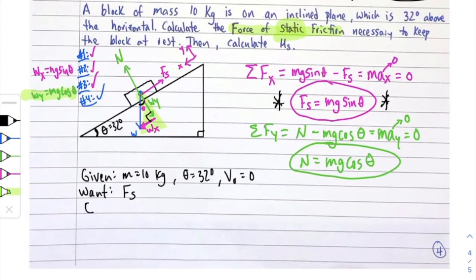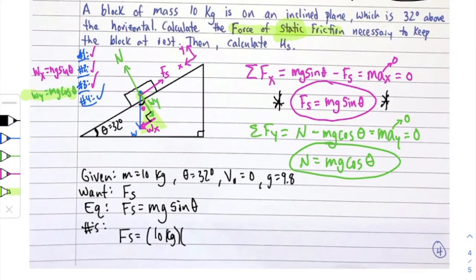So for our equation, we're going to say Fs equals mg sine of theta, and then I believe we have all those numbers, so we'll say Fs is equal to m, which is 10 kilograms. Gravity, I didn't write it down because I was getting lazy. Can't take gravity for granted, but it's 9.81 meters per second squared times the sine of 32 degrees.